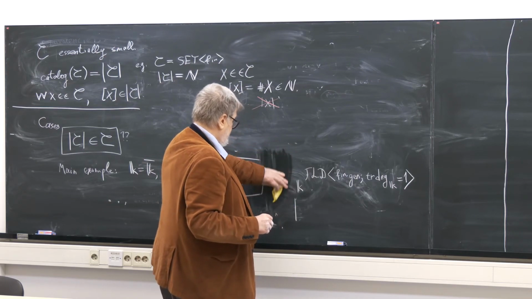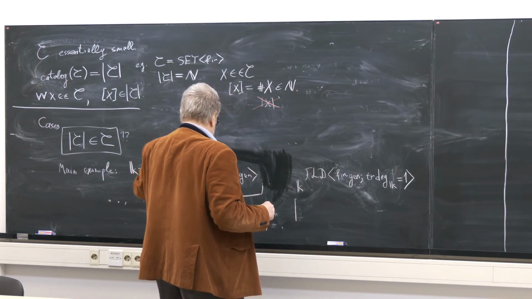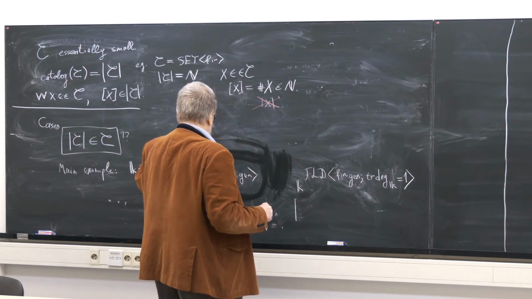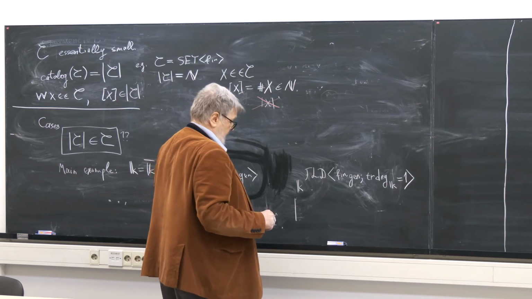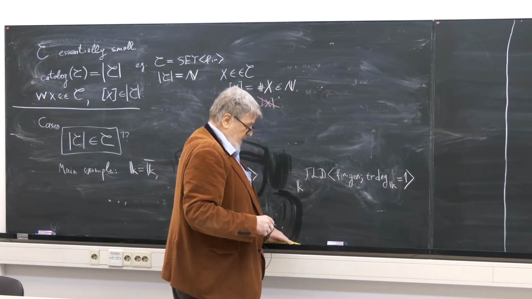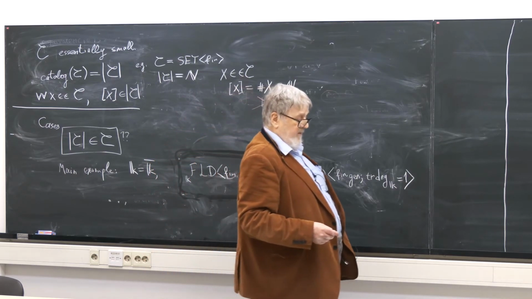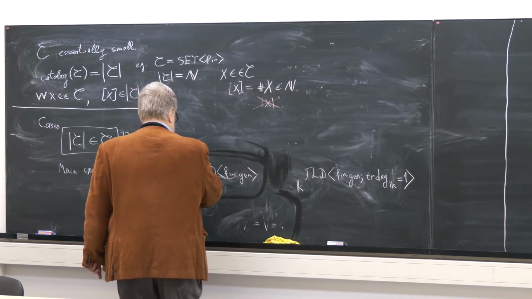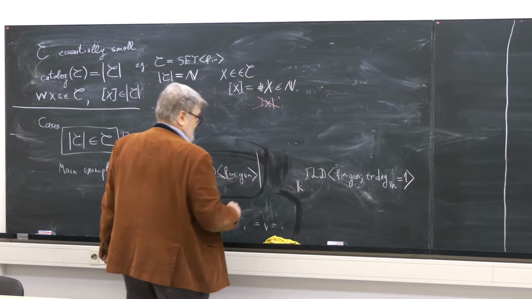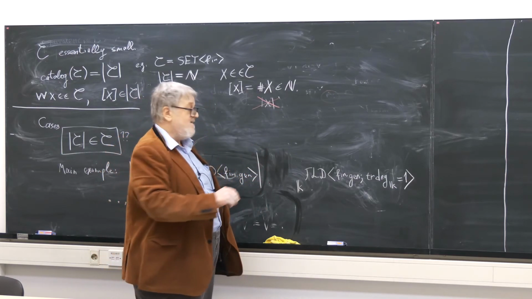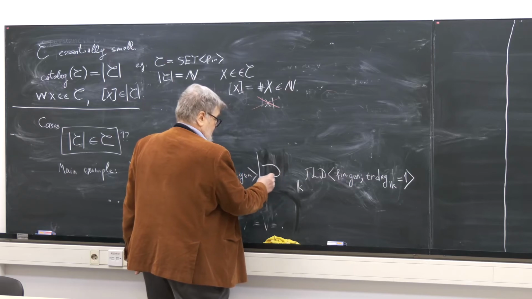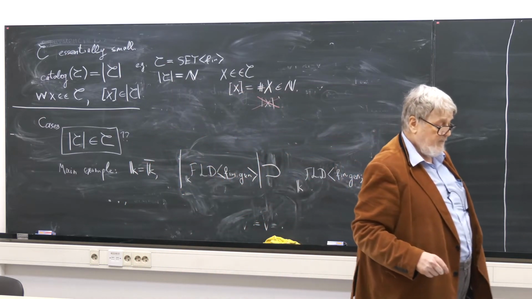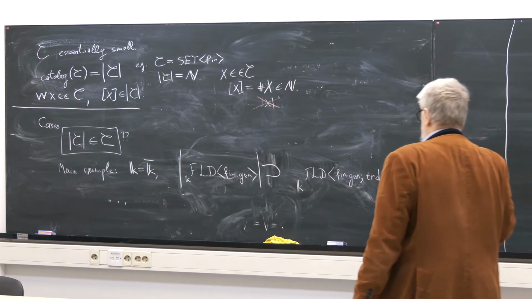I erase the box and use the obvious assertion saying that the catalog of a subcategory is just a subset, so I'm writing here just one character of inclusion.